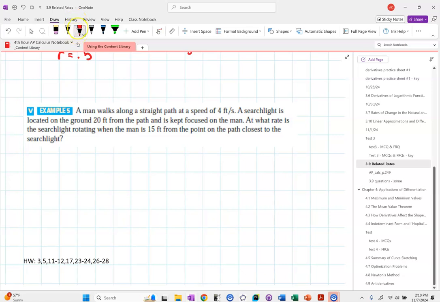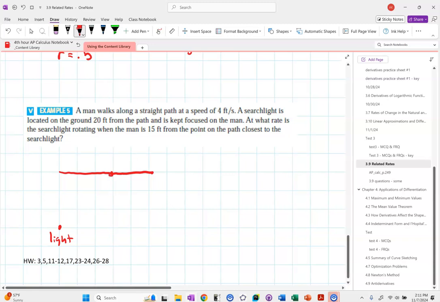All right. So let's say this is the path. Here's the searchlight. And let's just put the man here for a moment. Sounds so far so good.